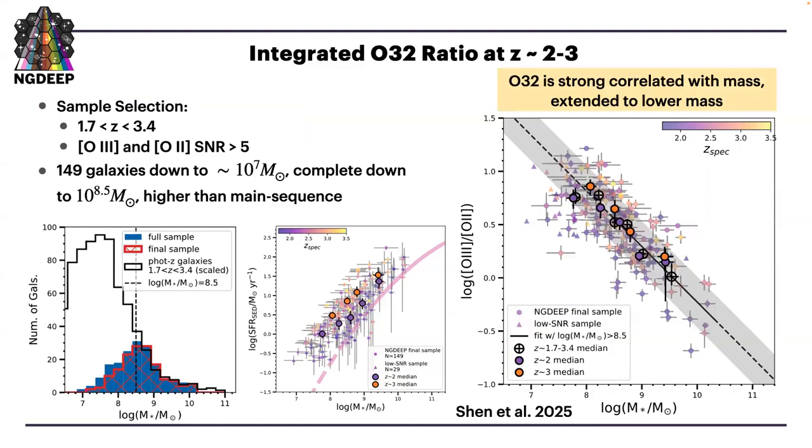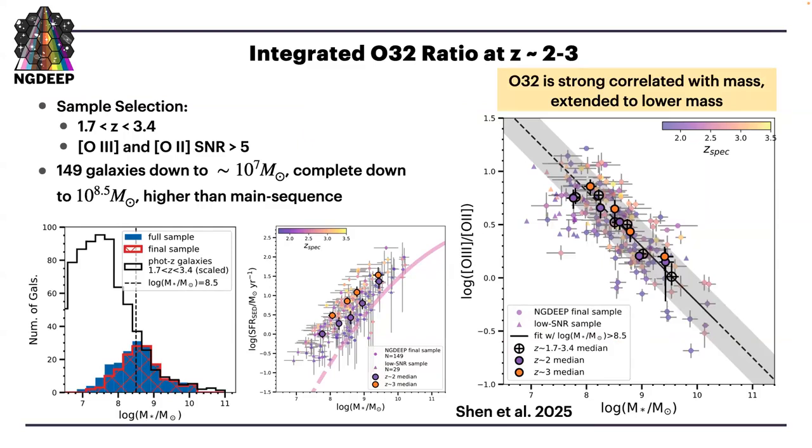For this analysis, we select 49 galaxies at redshift 2 to 3, and we extend down to 10 to the 8 solar mass. But for most of the analysis, we say that we are complete down to 10 to the 8.5 solar mass, so all the relations are derived down to this stellar mass.